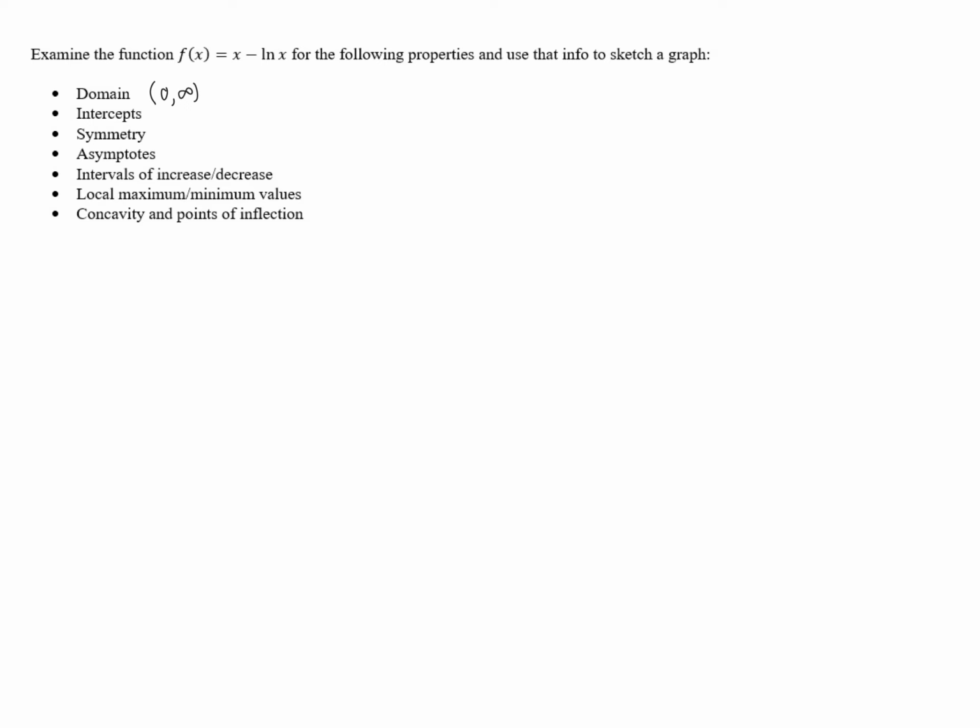Next up, we have intercepts. There is no y-intercept because our function is not defined at x equals 0. And if we wanted to look for an x-intercept, we would have to take x minus ln of x and set that equal to 0 and solve. And that is not the sort of equation that we have ever solved before.